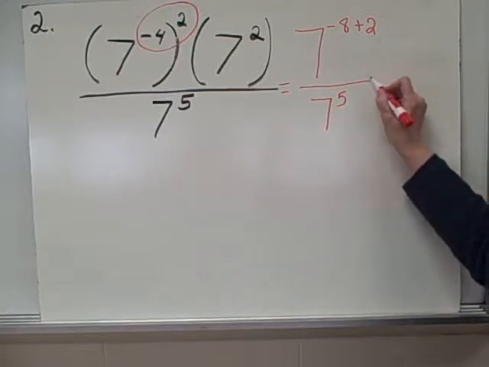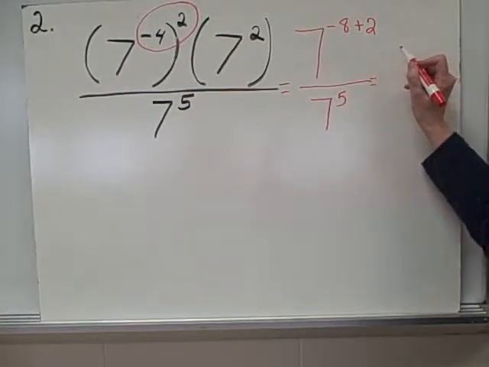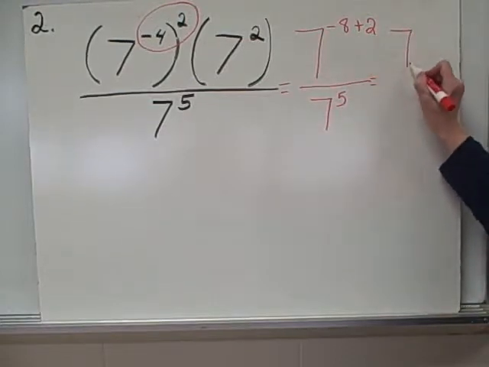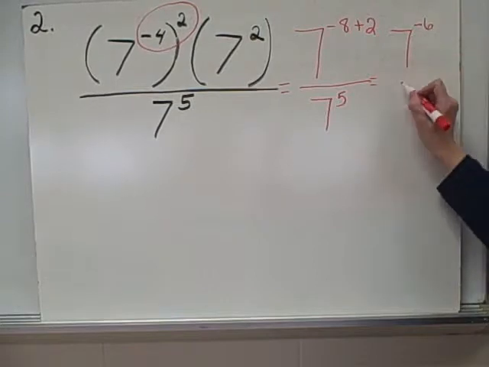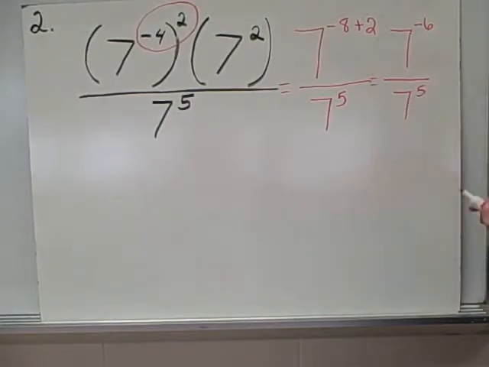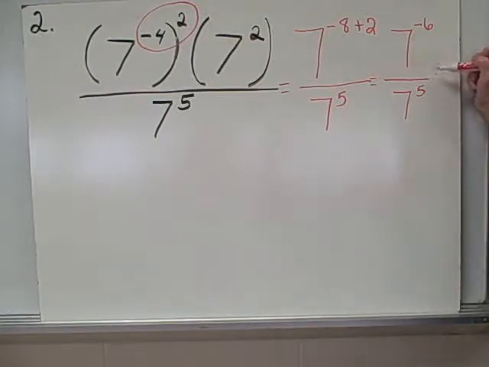We're still working across the top. When I do my -8 plus 2, I get 7 to the power of -6 with 7 to the 5th power. Division says that I subtract my powers.